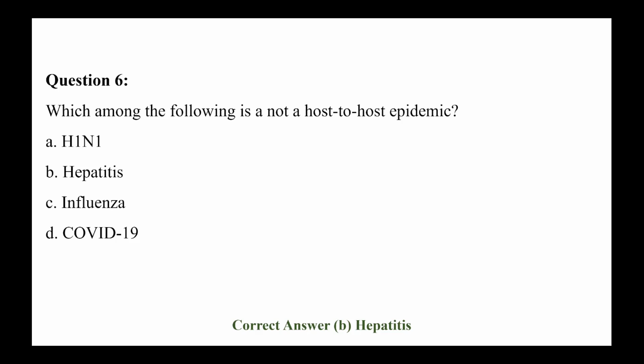H1N1 was also very widespread, and it was causing a lot of infections. And then influenza. So these are basically flu viruses, H1N1, influenza, COVID-19. All of these are flu viruses, so they can spread from one host to another directly.